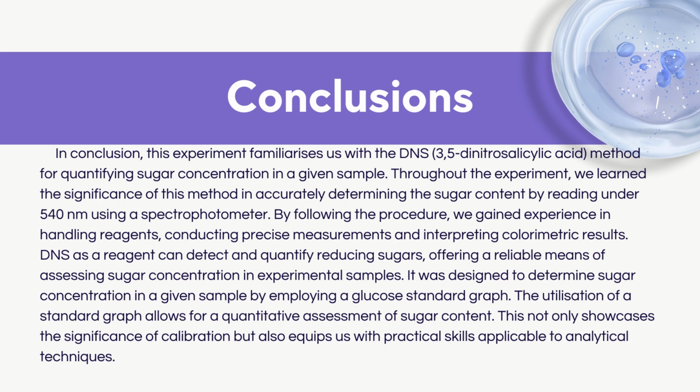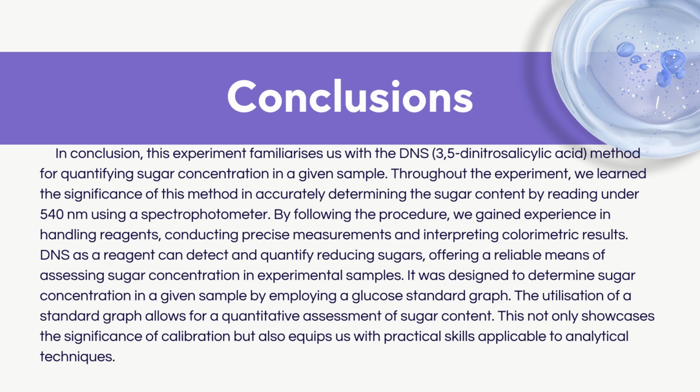By following the procedure, we gained experience in handling reagents, conducting precise measurements, and interpreting colorimetric results. DNS as a reagent can detect and quantify reducing sugars, offering a reliable means of assessing sugar concentration in experimental samples. It was designed to determine sugar concentration in a given sample by employing a glucose standard graph.